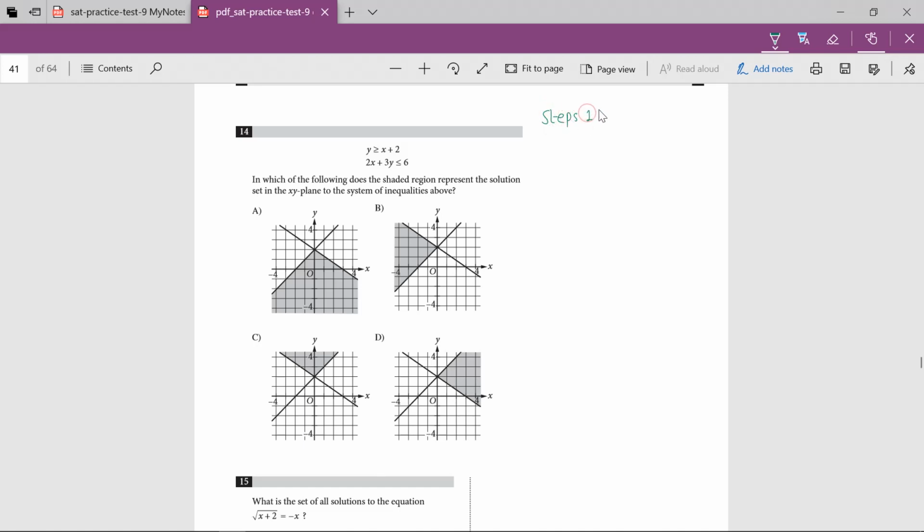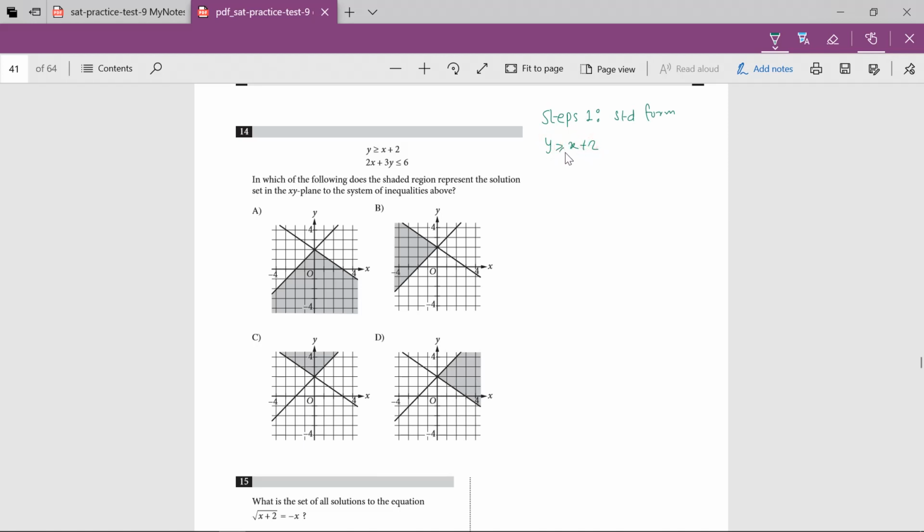First thing is to write the equations in the standard form. My first equation is already in the standard form, which is y is greater than or equal to x plus 2.